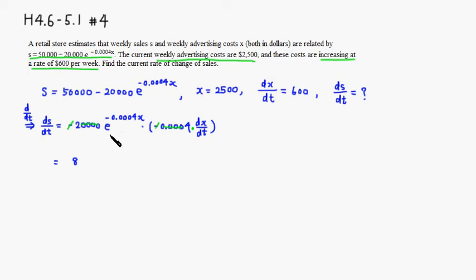Then you have e to the negative 0.0004 times x, which is 2,500. Then multiply by dx, which is 600. So that's going to be 6 times 8, which is 48, and you have 2 zeros, e to the negative.